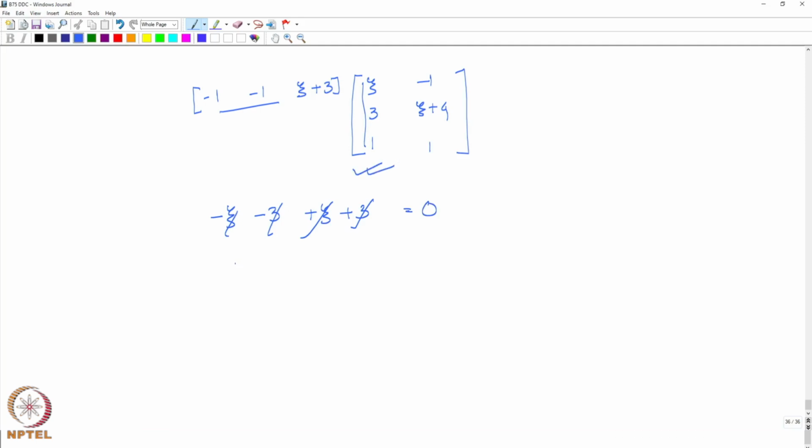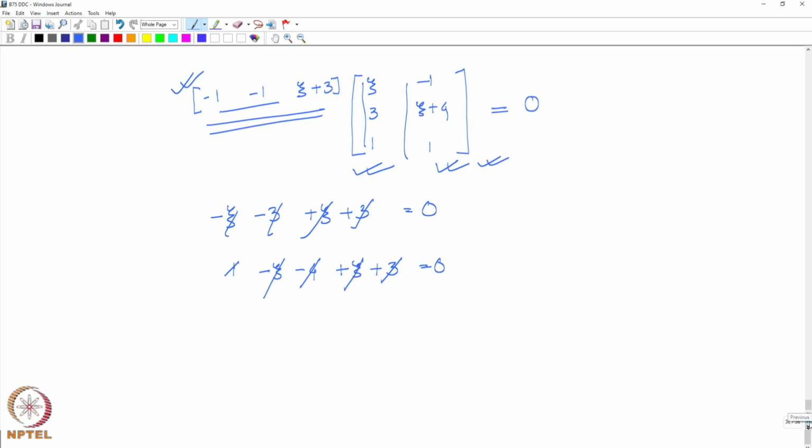The second one is 1 times minus xi minus 4 plus xi plus 3. Xi will go away, and 1 plus 3 is 4, minus 4 is also 0. So, the second equation also checks out. So, this indeed is equal to 0 and has no common factors. Therefore, every other row vector of size 3 that kills this matrix must be a multiple of this one. So, this is my maximal left annihilator.